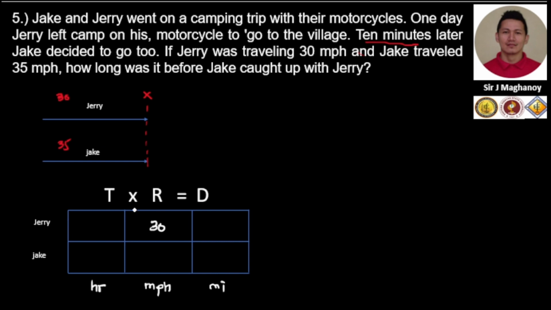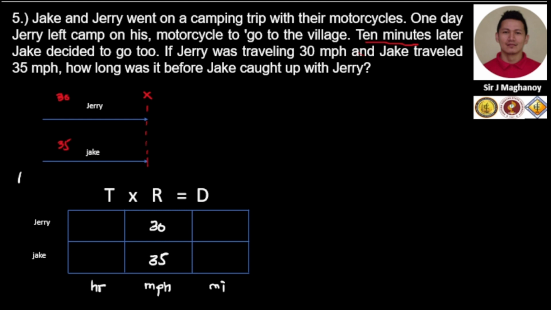So how about Jake? Jake travels faster compared to Jerry, so it is 35 miles per hour. At that moment, they have an equal time when Jake catches up with Jerry. So therefore, our x here is equal, or our time.